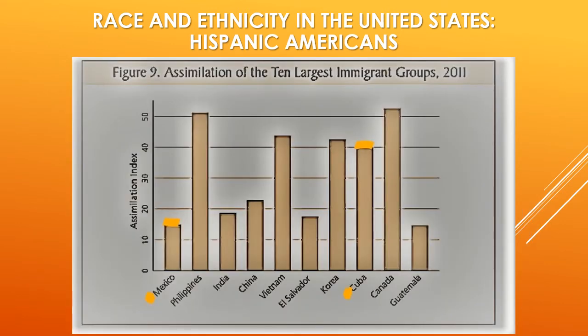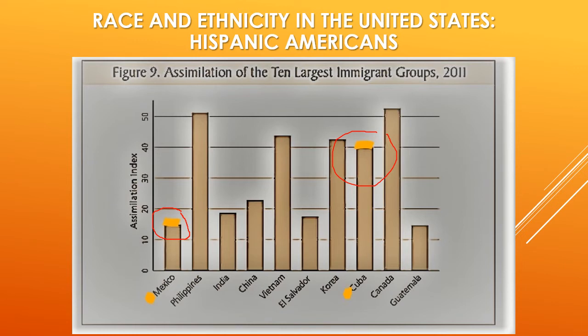And on this slide, it just compares the assimilation of the largest immigrant groups in the United States. In particular, we're talking about the Latinx groups, so we're going to look at Cuba versus Mexico in terms of assimilation to U.S. society and culture.